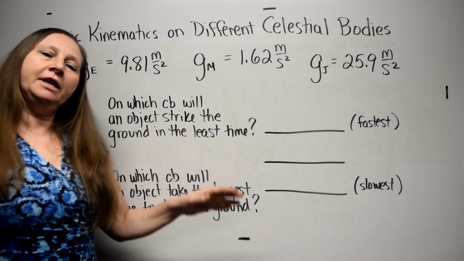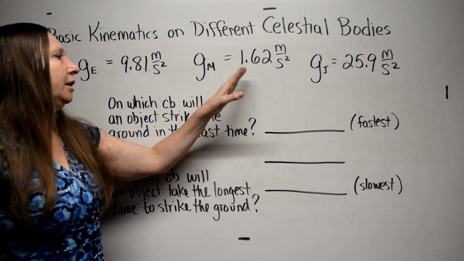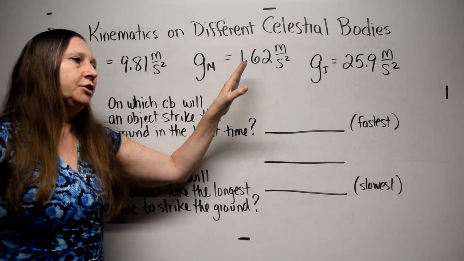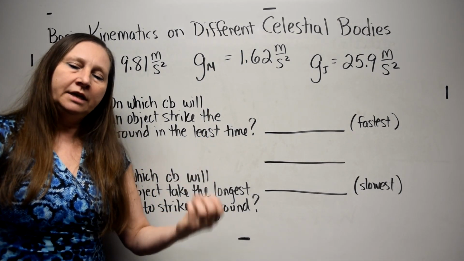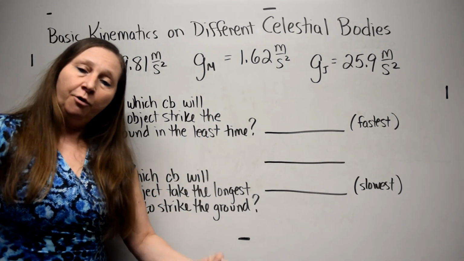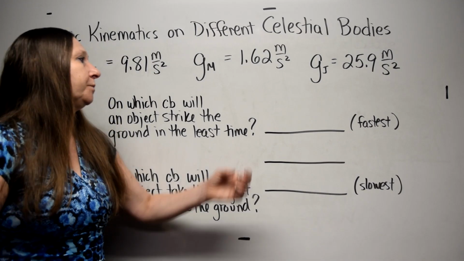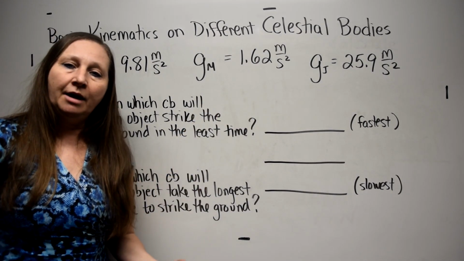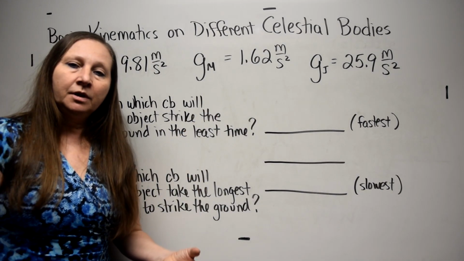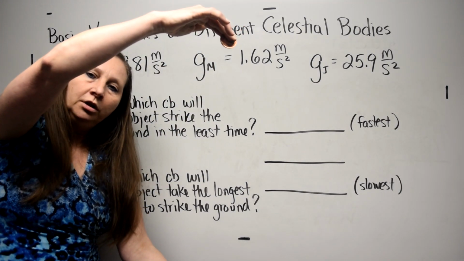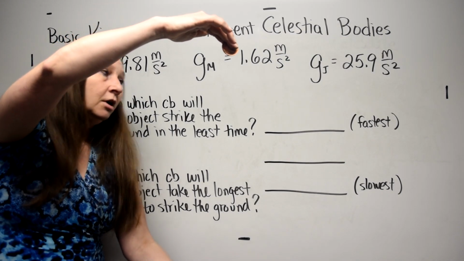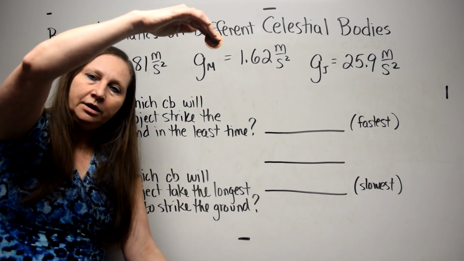Well, if you're guessing that it's going to take more time because the Moon is not as strong, it's not pulling the coin down with as much gravitational force, and therefore the acceleration due to gravity is less, right? It's going to take longer for that coin to fall the same 6 meters on the Moon than it did on the Earth.